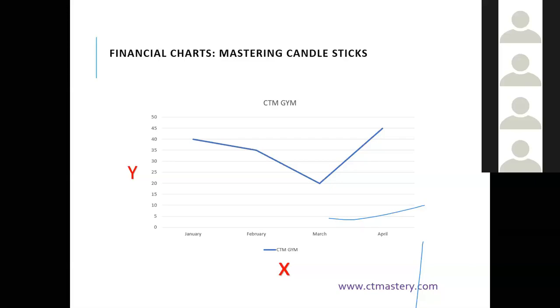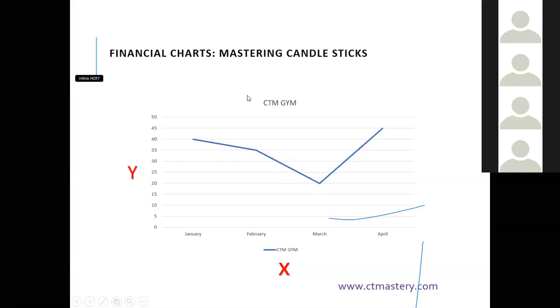So a simple chart has a y-axis and an x-axis. The y-axis is usually frequency, while the x-axis can be time, marks, and things like that. The y-axis is on the left-hand side, and the x-axis is at the bottom. While the lines show us a visual representation of what is going on.